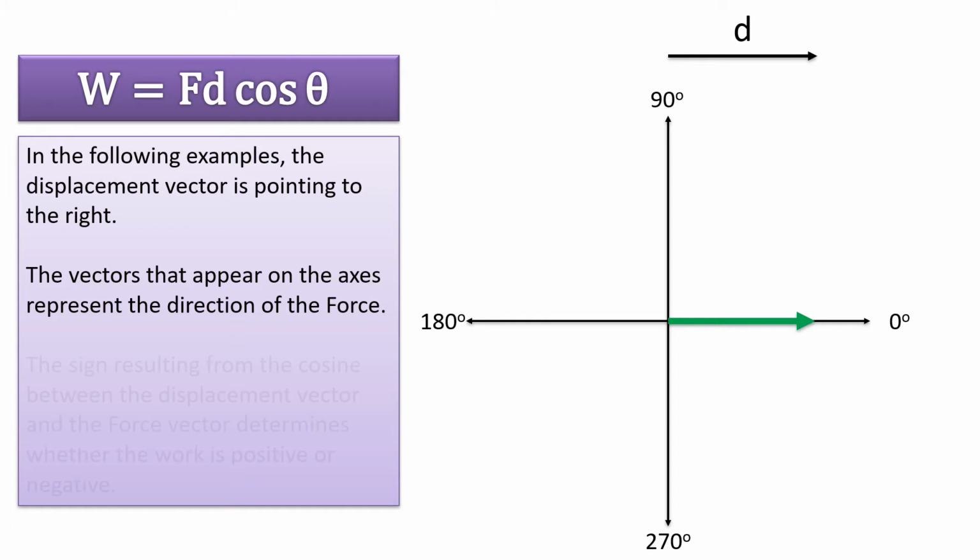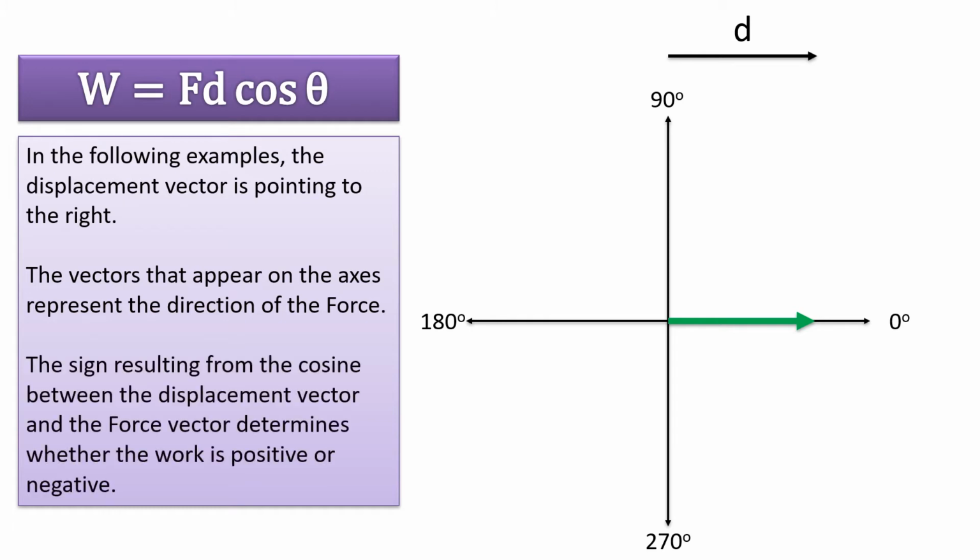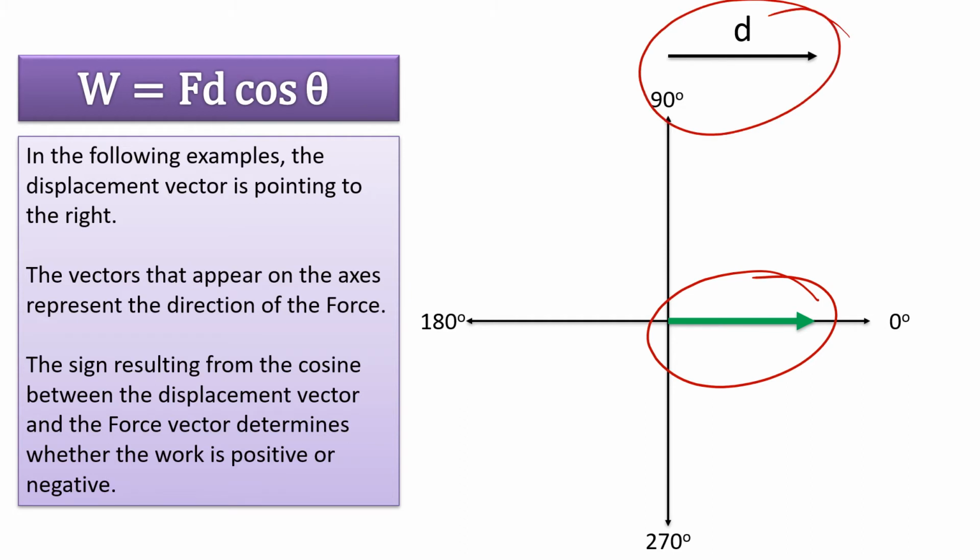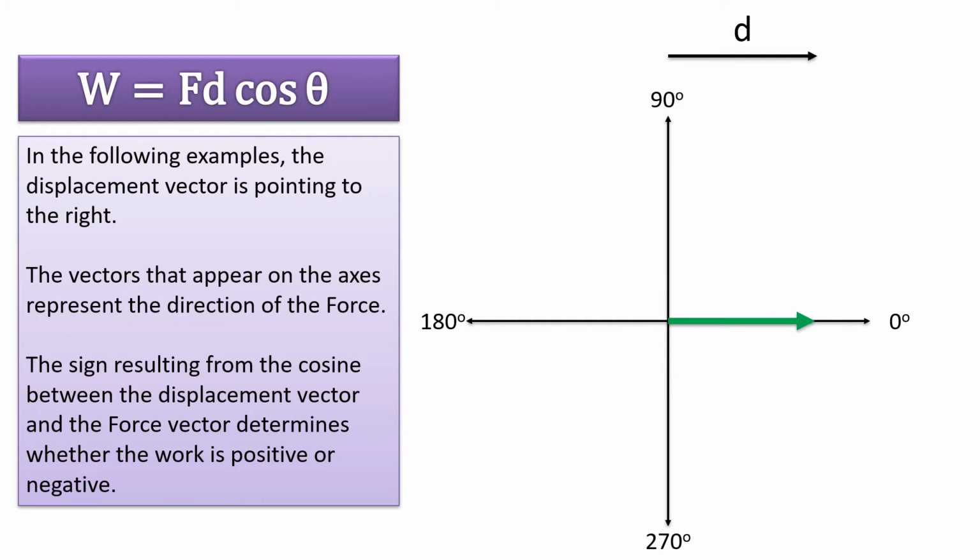Okay, and then what we're going to do is we're going to find the cosine of the angle between the displacement vector and the force vector. What is the angle right now between the force and this displacement? Is there an angle between them? All right, the sign that results from the cosine of the angle between the displacement vector and the force vector determines whether the work is positive or negative.